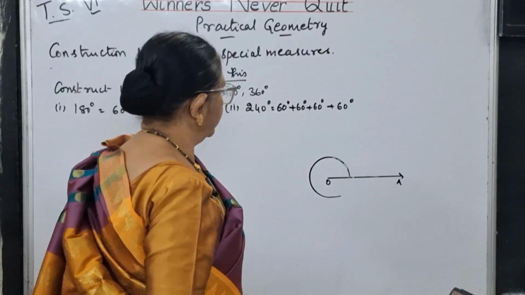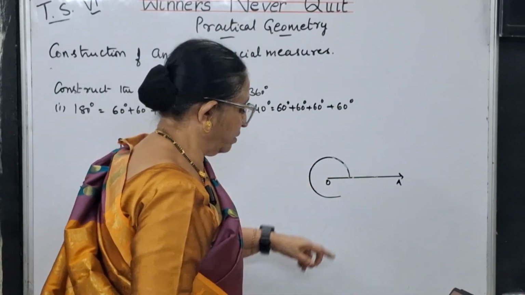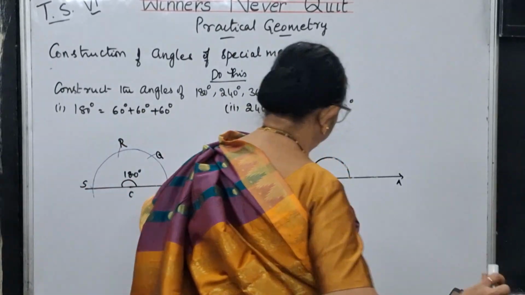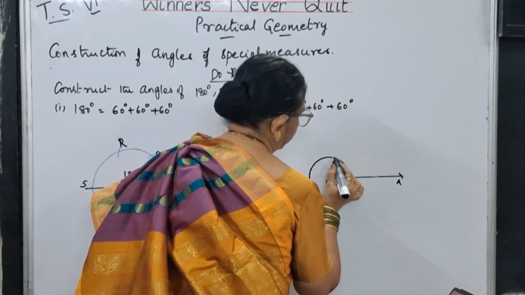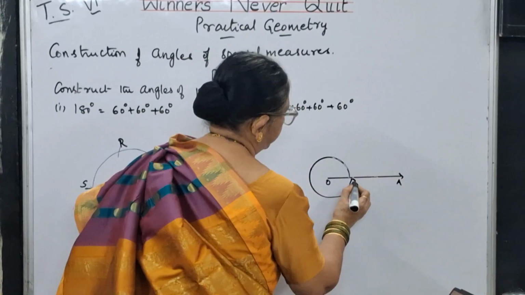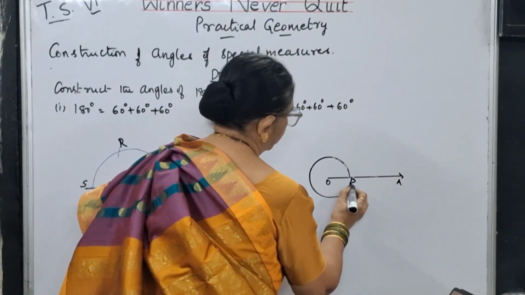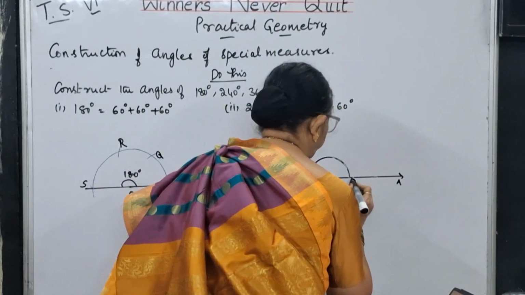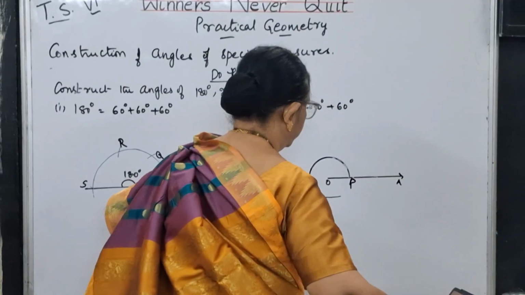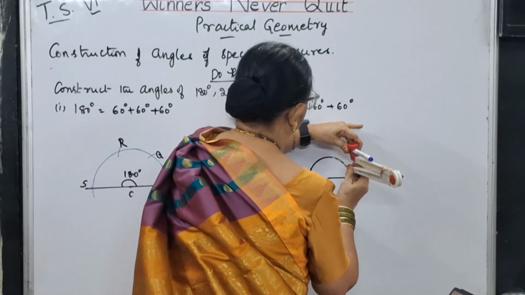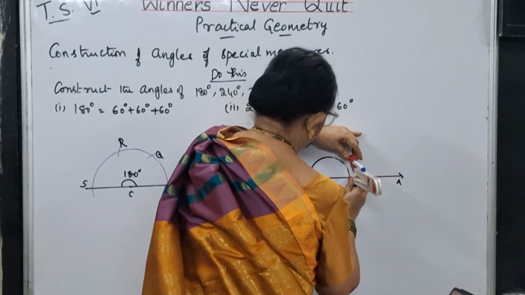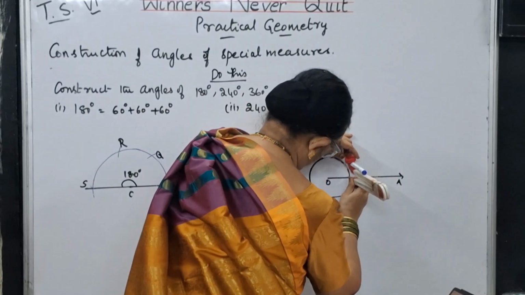You have to take O as center and draw a big arc like this, which intersects the line at P. Now, this is P. With P as a center and some radius, how many arcs do you need? 4 arcs.